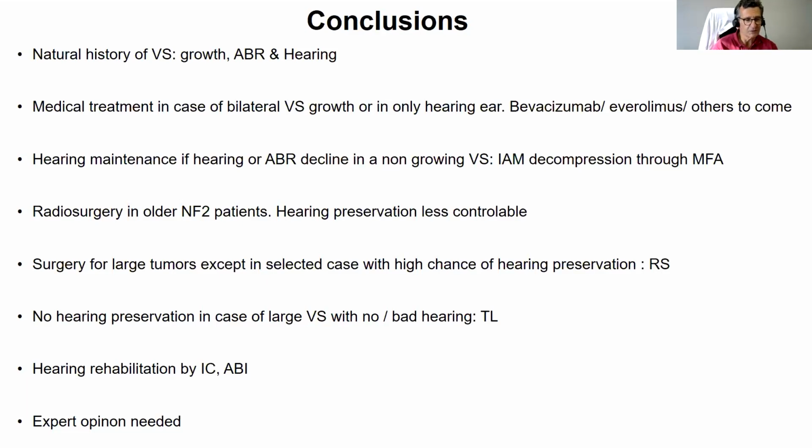So I think that is why in Europe we have the chance to have some countries with expert opinion for NF2-related schwannomatosis. So it's very important to have the roadmap and the opinion from the beginning. Thank you, and I think that I am on time, and it's now time for questions.